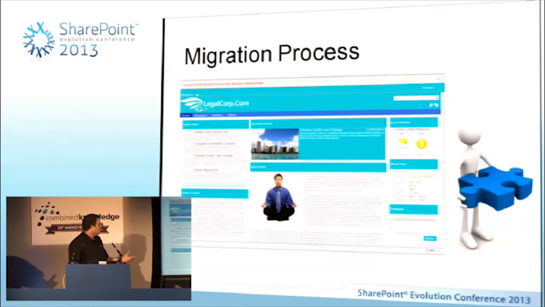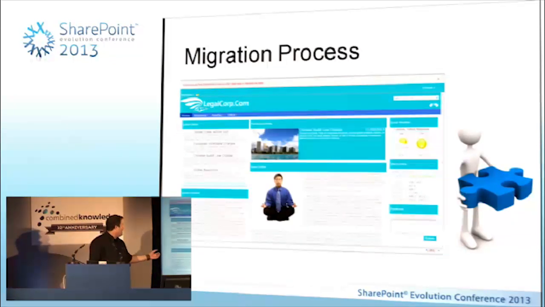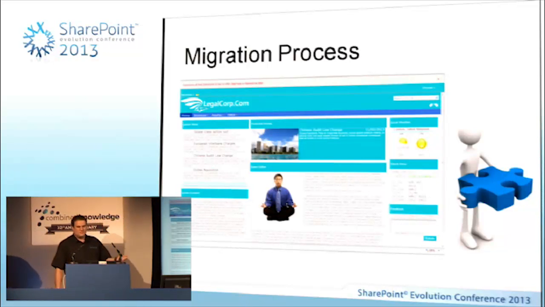So after our crawl, we've now got some stories. We haven't quite got our images, certainly down this side. And there's a really good reason for that, and it's to do with the way that SharePoint 2013 handles managed properties now.